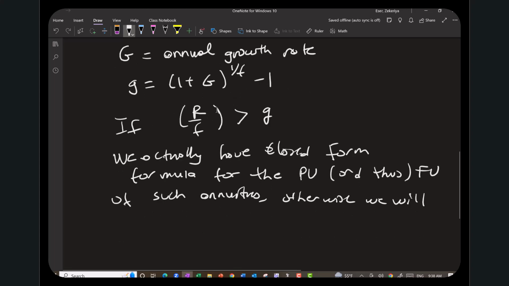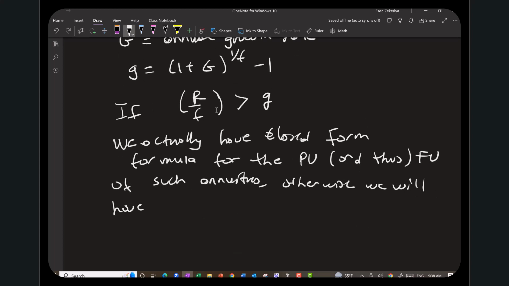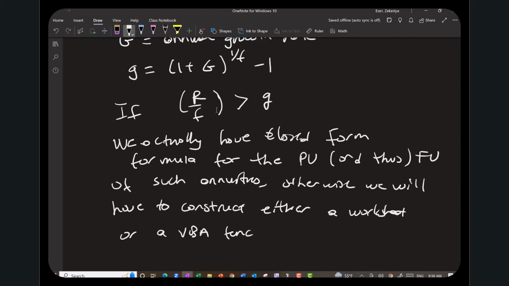Otherwise, we will have to construct either a sheet or a VBA function. Either way, I'm gonna do the sheet first, just to make sure that everything works out. Then we also implement the VBA function. If time allows, I'm gonna do the VBA today. Otherwise, I'll do it first thing on Tuesday.